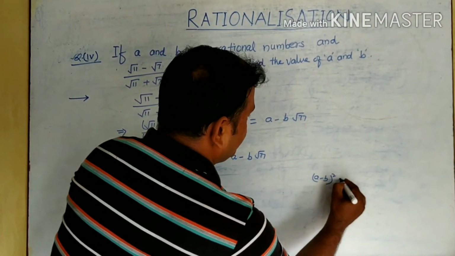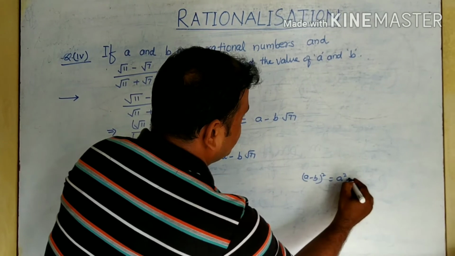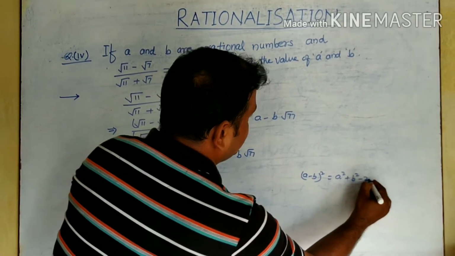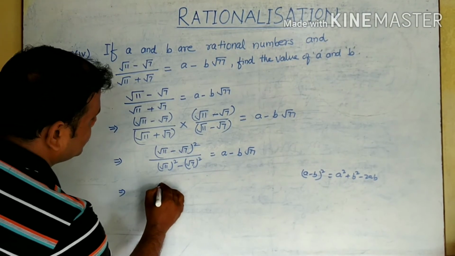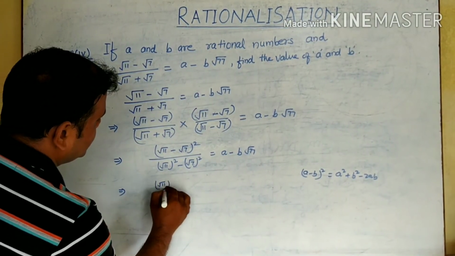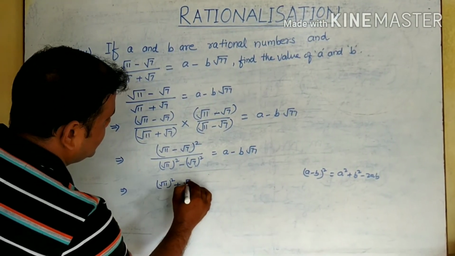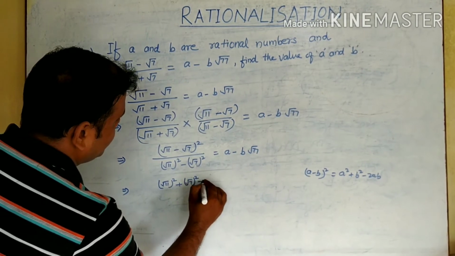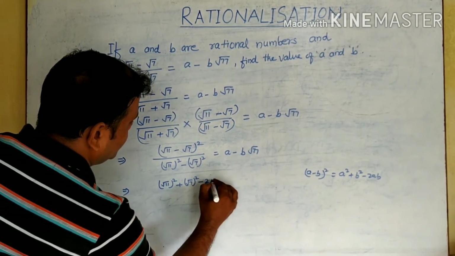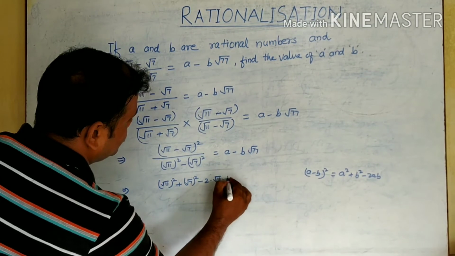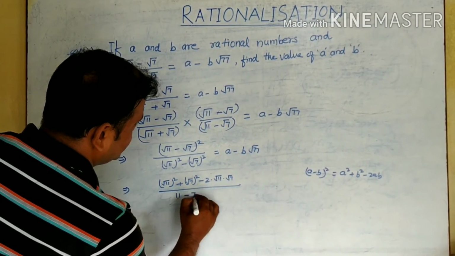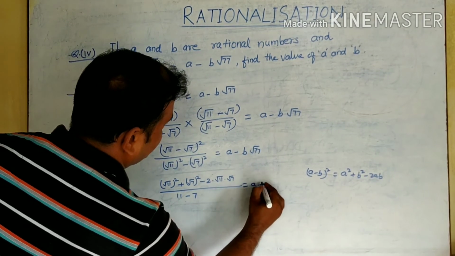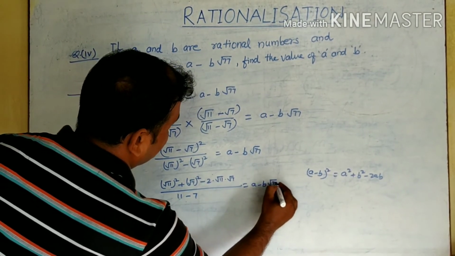What will it be? a square plus b square minus 2ab. So it will be under root 11 square plus under root 7 square minus 2 into under root 11 into under root 7 by 11 minus 7, that is equal to a minus b under root 77.